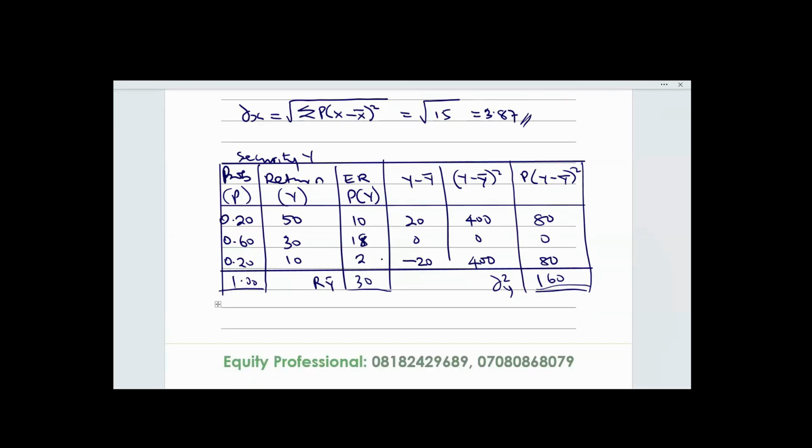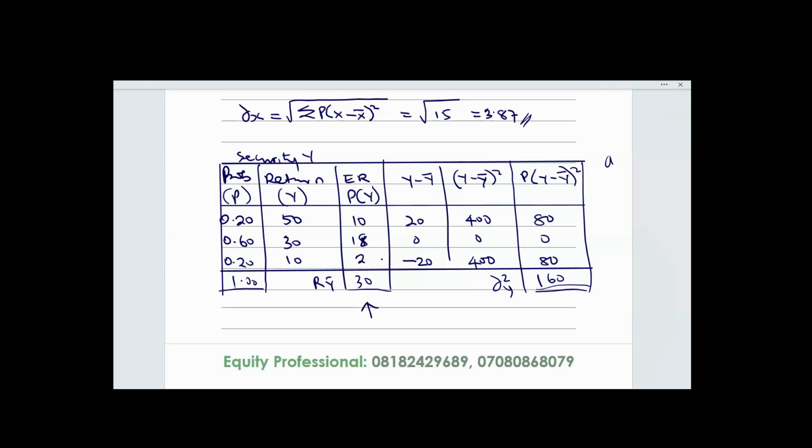Okay. So what we did, this is the formula we are working towards. We want to determine the variance, and to get the variance, this is the formula. In this case, the 30 that you have here is your Y bar.